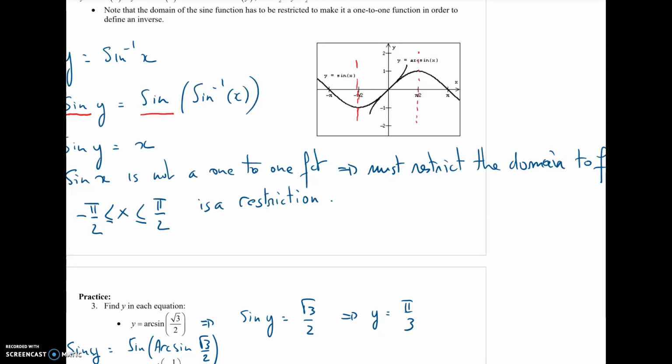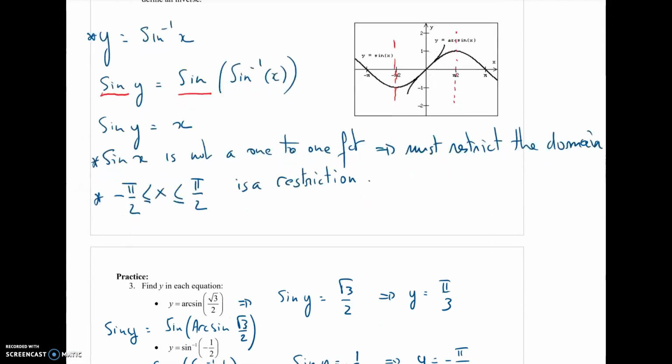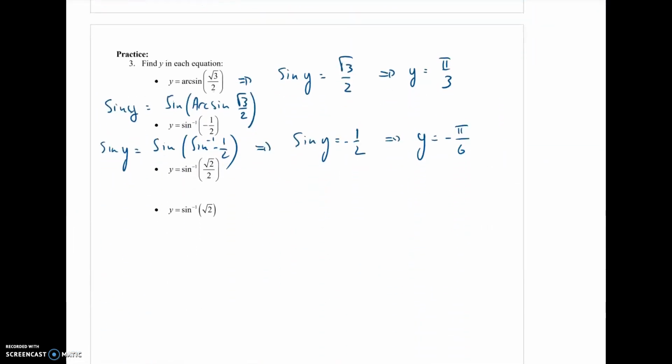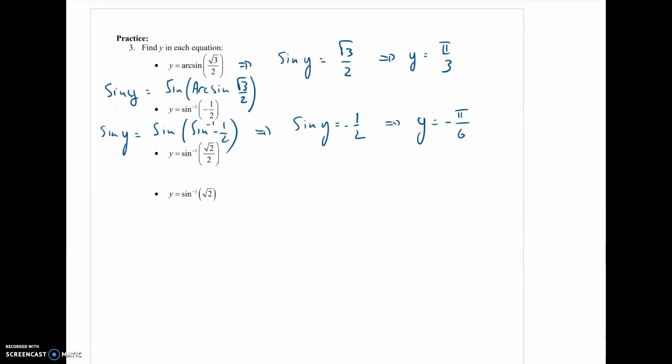Okay, so let's practice and work on practice number 3. Find y in each equation. Well, you have y equals arc sine of square root of 3 divided by 2.